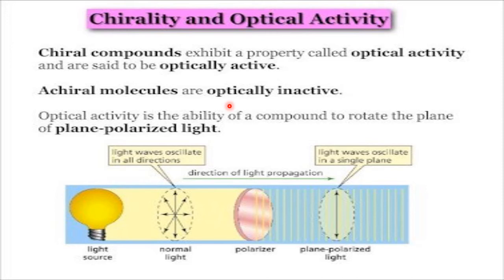So what is a chiral carbon? A chiral carbon is a carbon which has all 4 groups attached to it different. If out of the 4, 2 are similar and 2 are different, it is called achiral. That means it is not an asymmetric carbon atom.